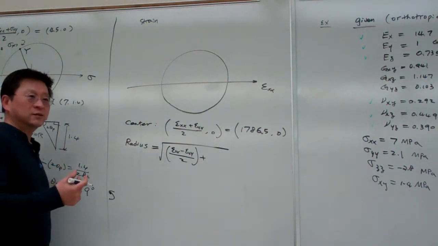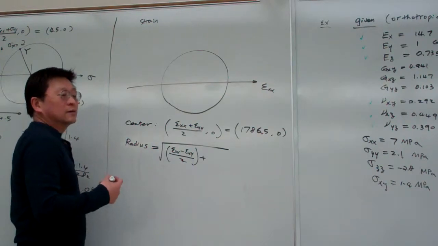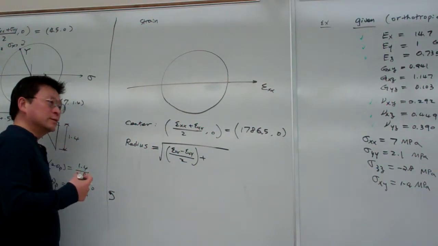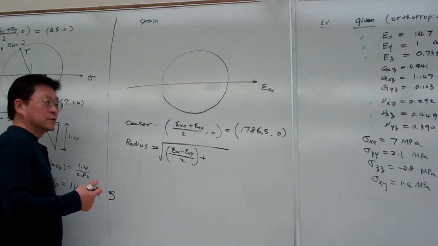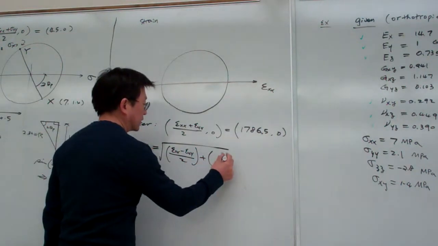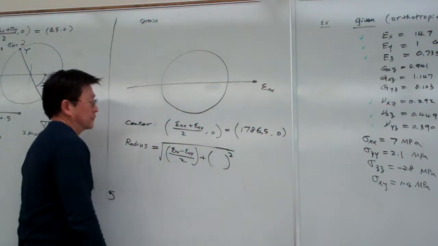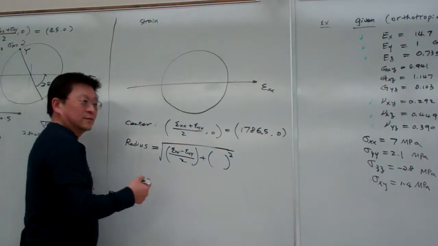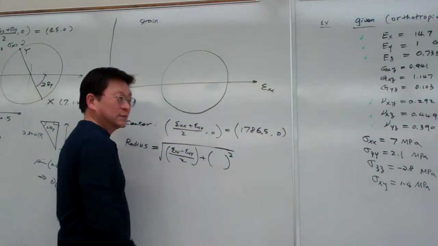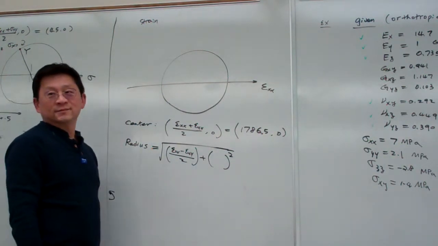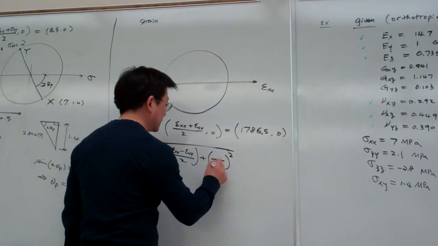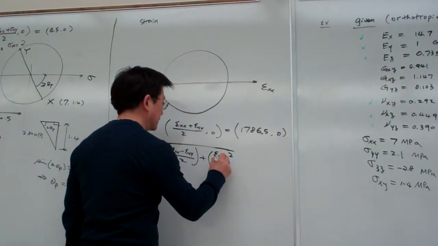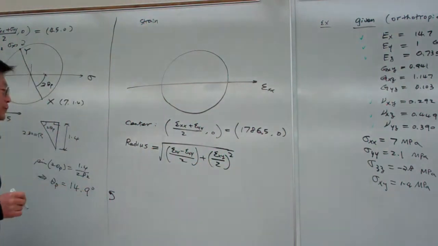That is the strain component squared. Elastic strain or engineering strain. Okay, let me go square. Here is the strain squared. Do you have any notes for this? Okay, let me type using this one, okay?